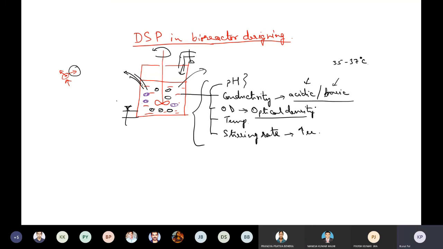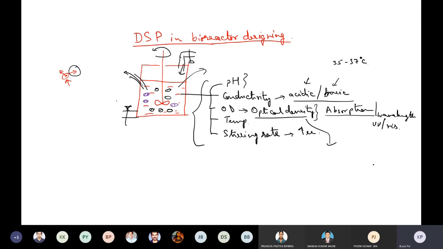Have you studied about UV visible spectrophotometry? You know absorption by a solution. In absorption, we usually talk about a particular wavelength, either in the UV region or in the visible region.